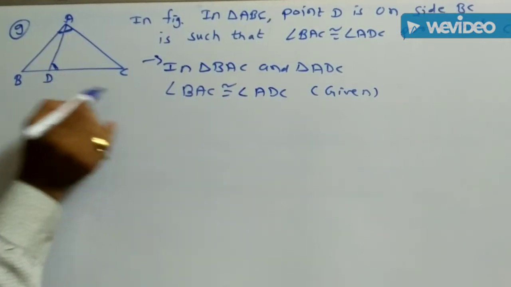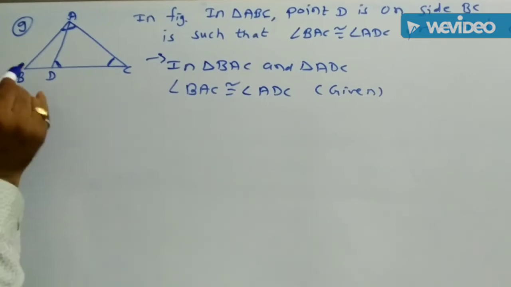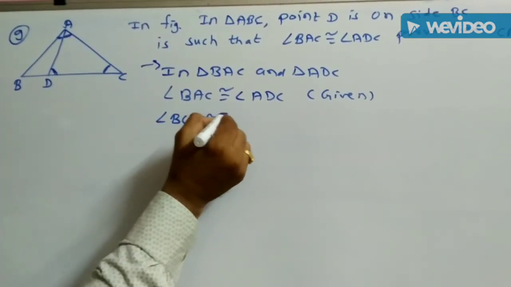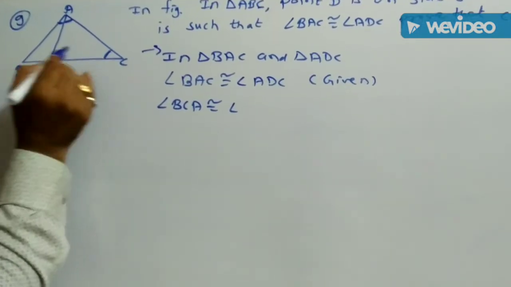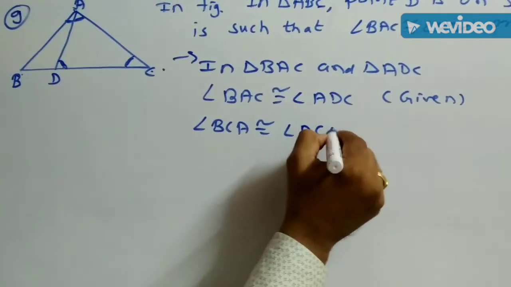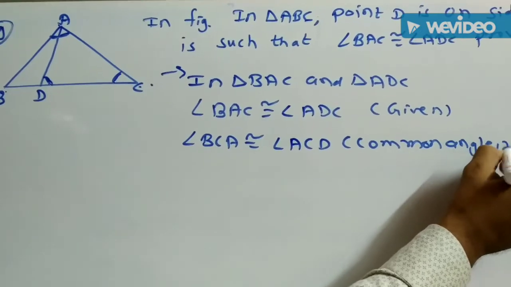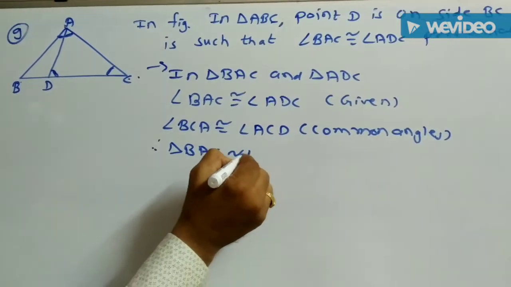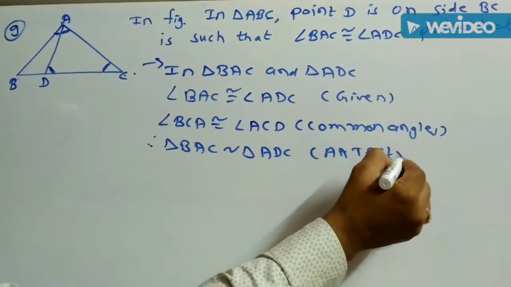If we see both the triangles, this angle C is common to both, that is angle BCA is congruent to angle ACD because of common angle, and therefore triangle BAC is similar to triangle ADC by AA test.